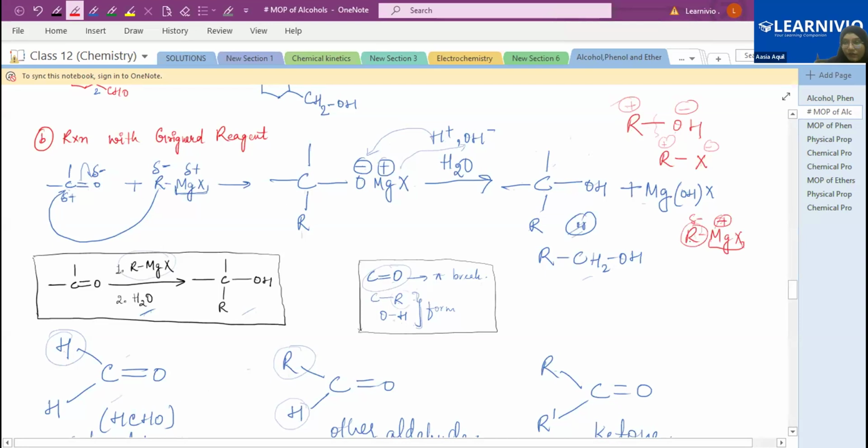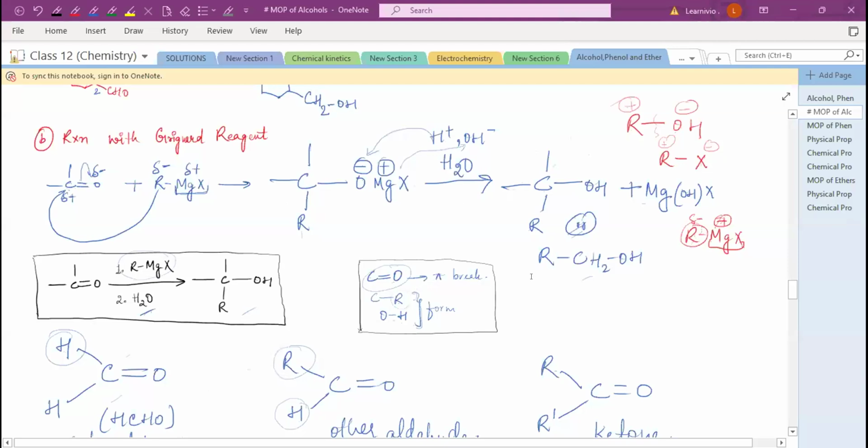So in the case of Grignard reagent, the R group will attain the partial negative charge, and this R group will attack the carbon of the carbonyl compound.